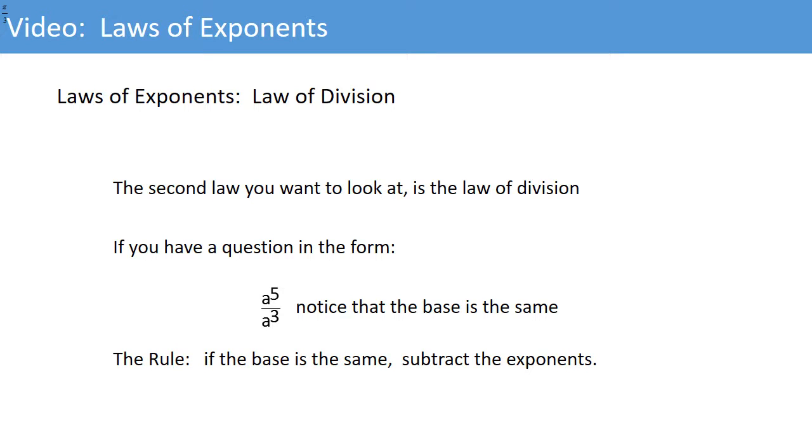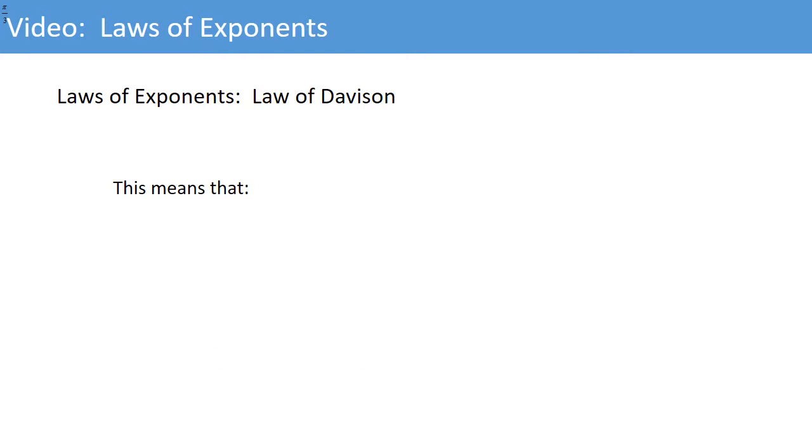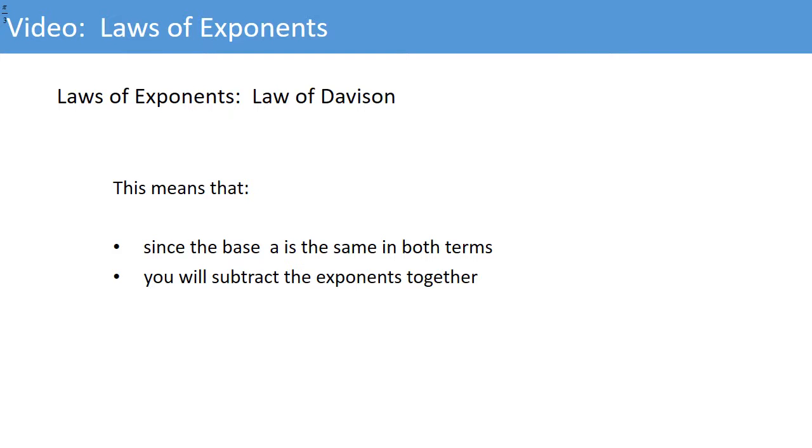The rule: if the base is the same, subtract the exponents. This means that since the base a is the same in both terms, you will subtract the exponents. A to the exponent 5 divided by a to the exponent 3 would equal a to the exponent 5 minus 3, or 5 subtract 3, equals a squared.